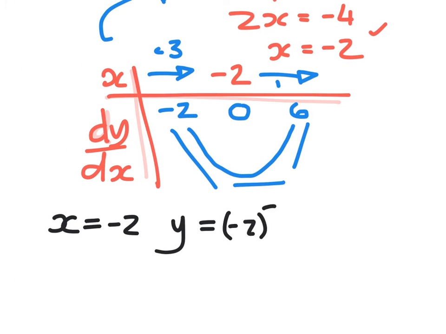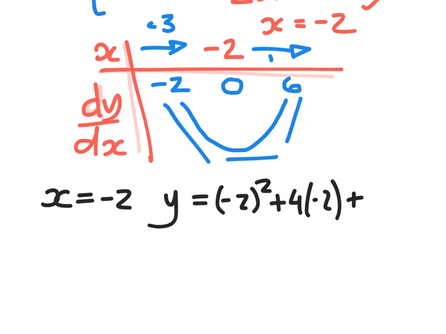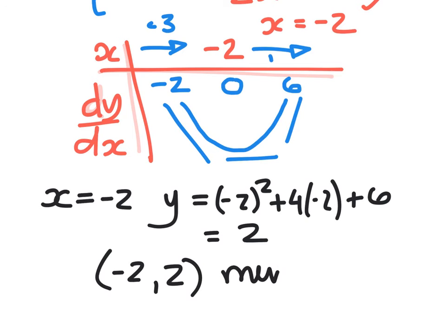So -2 squared plus 4 lots of -2, plus 6. Work all that out and you'll find that it comes to 2, so that tells you that the point (-2, 2) is a minimum turning point, or a minimum stationary point.